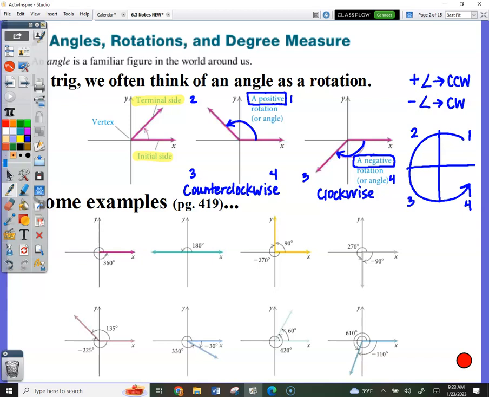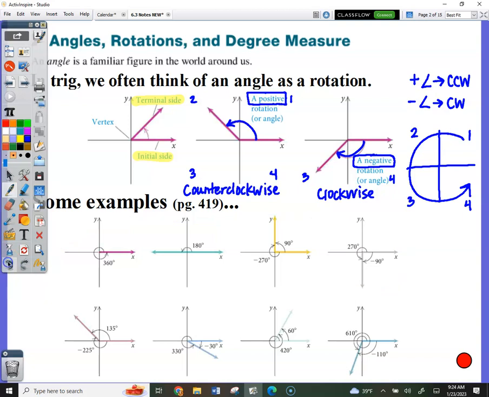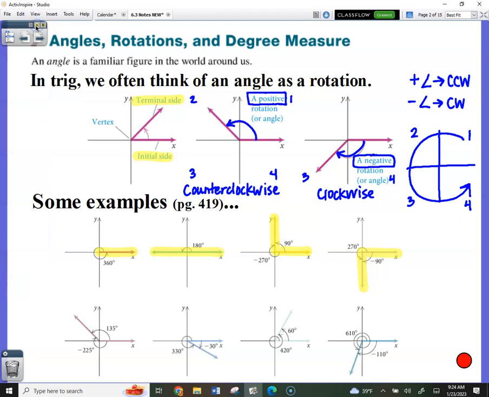Look at these 4 right here. You see them? Kind of hard to see probably on your paper, so I'll use a highlighter. This one is here. This one is the whole thing. This one is this square. And then this one is right here. There's a vocab word for these.